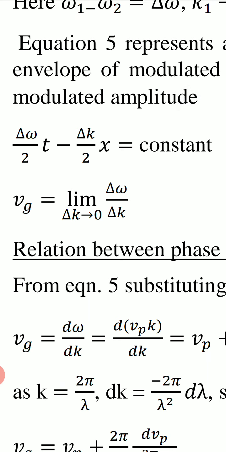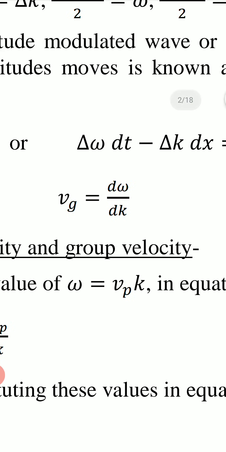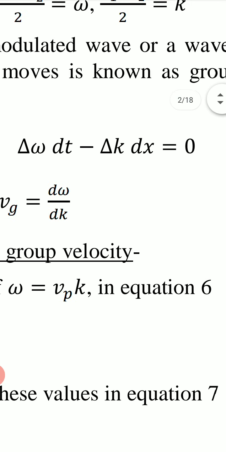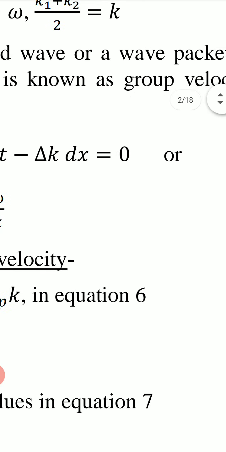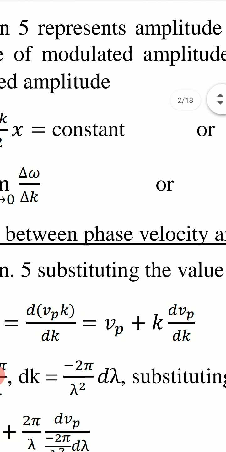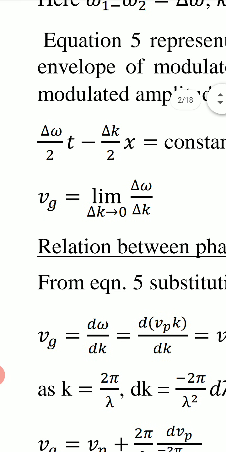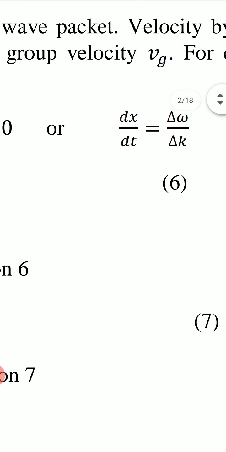If we differentiate this, we find delta omega dt minus delta k dx is 0, and this gives dx upon dt as delta omega upon delta k. Dx upon dt is the velocity. Now we write group velocity Vg as this dx upon dt, which is delta omega upon delta k.